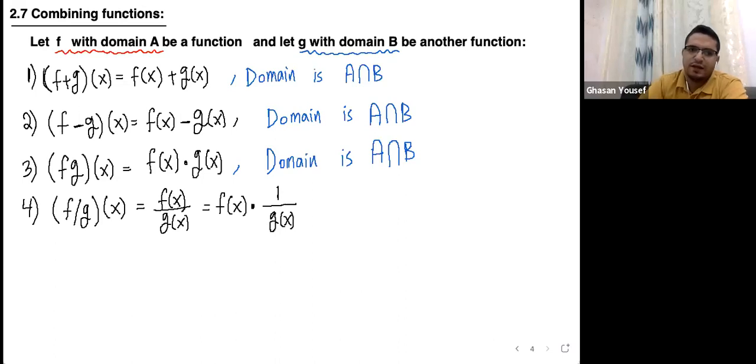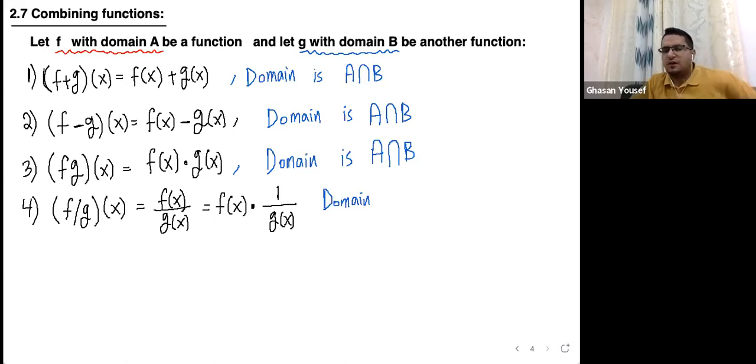But the domain here is different. The domain will be the same as before, but we have to remove the zeros of the denominator function. The denominator function here is g of x.